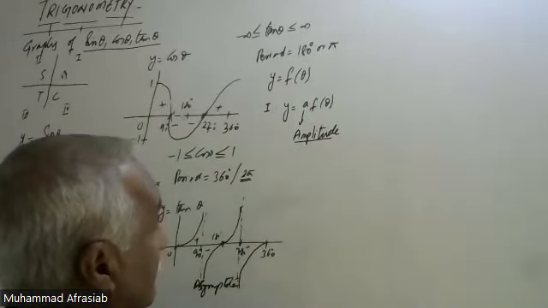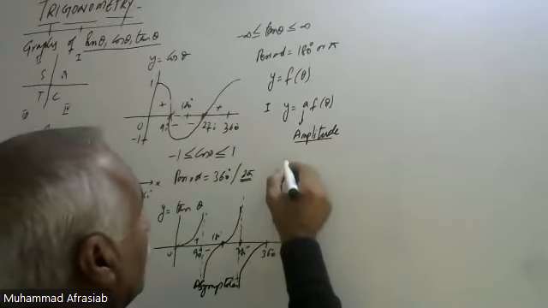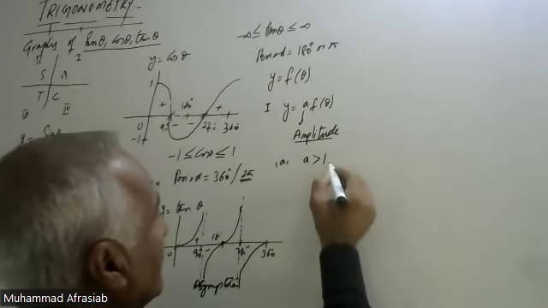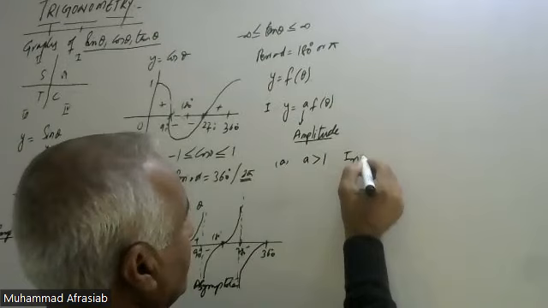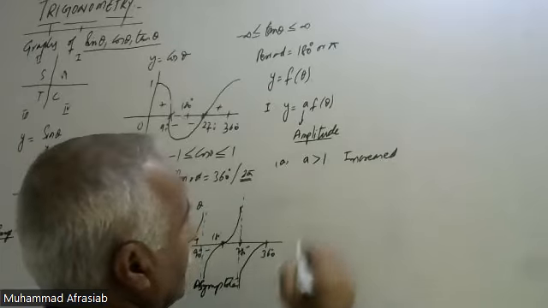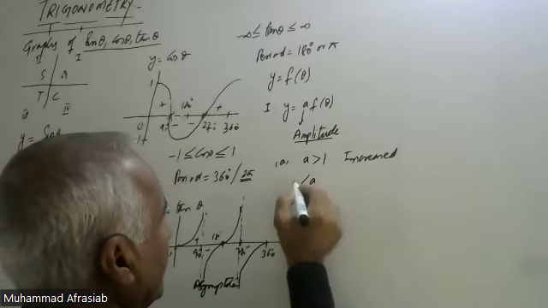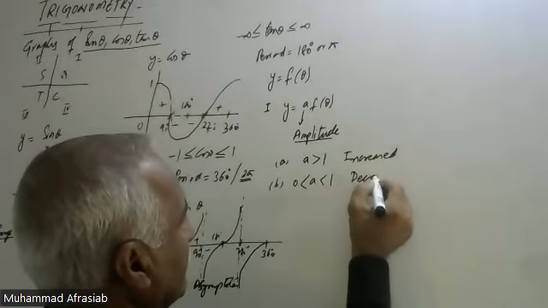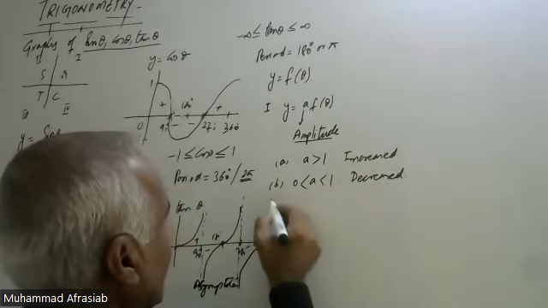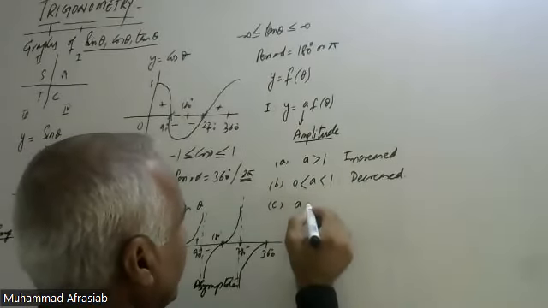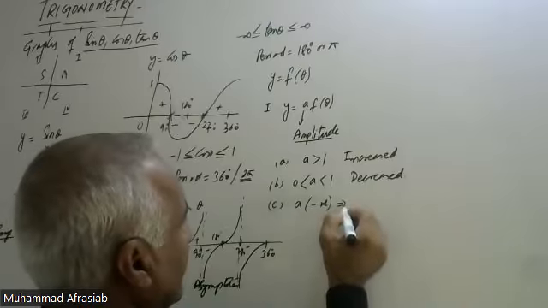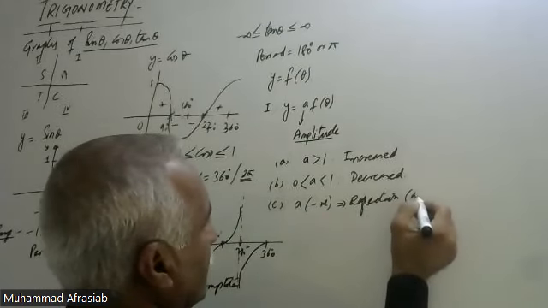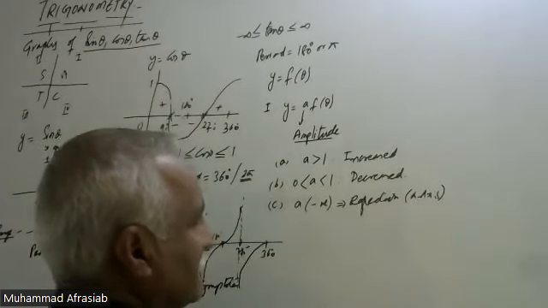A has three categories. First, if a is more than 1, then the amplitude is increased. If a is lying between 0 and 1, then it is decreased. And if a is negative, then it is a reflection about the x-axis.